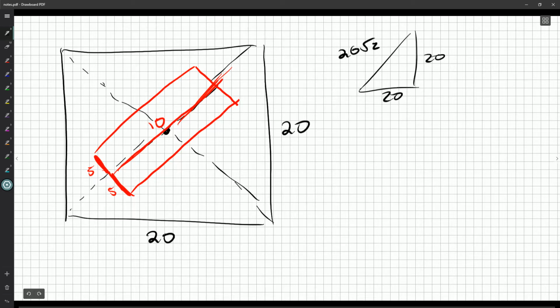So that's the total distance. Now 10 of it lies underneath the cylinder, and so that leaves 20 root 2 minus 10 over 2 on either side. Of course, we can rewrite that as 10 root 2 minus 5.